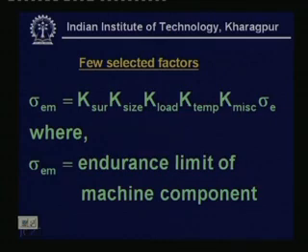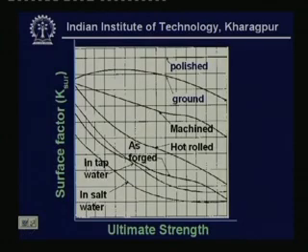So, if we consider one by one how we get the factors, let us look into a schematic diagram showing how the surface factor varies with the ultimate strength of the material. Now, in this case you can see that if the machine member to be utilized in actual practice is highly polished, then the surface factor comes out to be around 1, although it is not noted here.